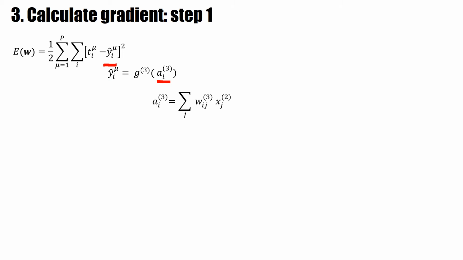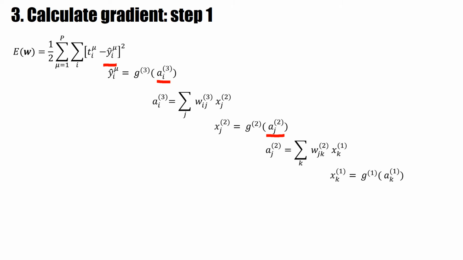These inputs in the previous layer are, again, nonlinear transforms of their activations. And these activations can be written by the inputs coming from layer 1. And these inputs are, of course, the outputs of those neurons in layer 1, which are driven by their activations. And the activations are the drives that come over all the weights from layer 0.